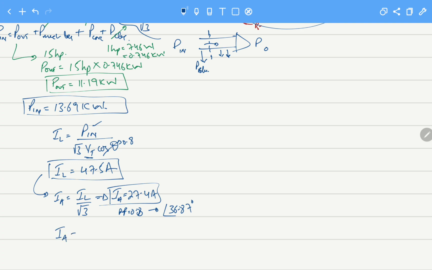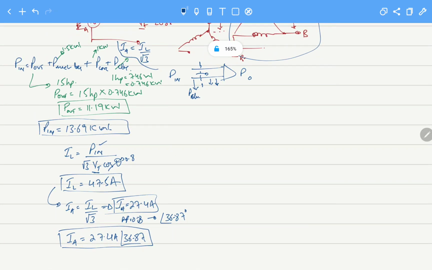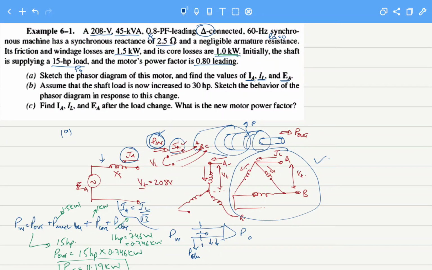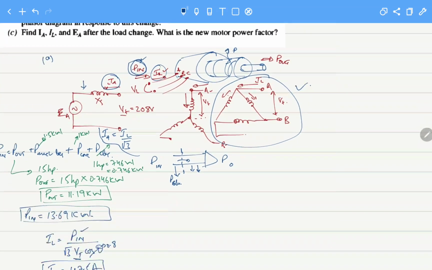So finally the value of Ia will become 27.4 amperes with angle 36.87. This is the current. So what was the question? Find Ia, IL and EA.